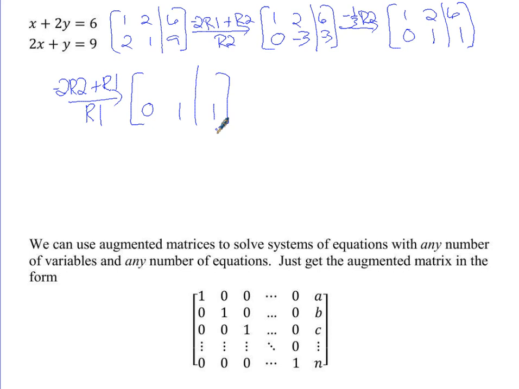And then first position in row 1 will be 1. Second position will be 0. Third position will be 4. So we get x equals 4, y equals 1. So my ordered pair is (4, 1).